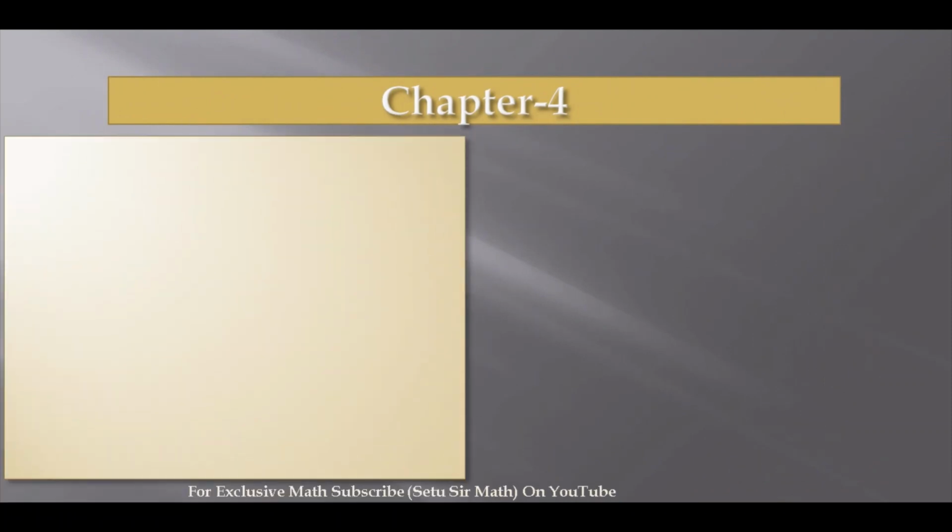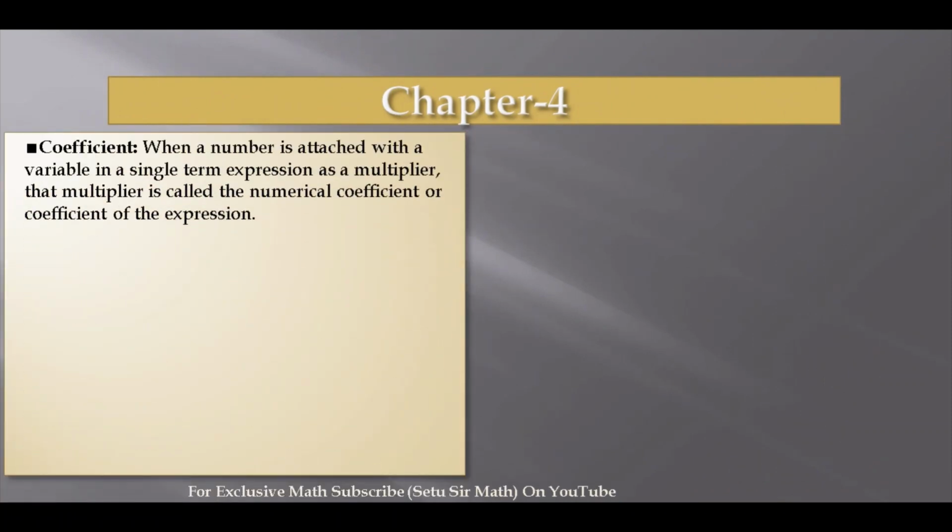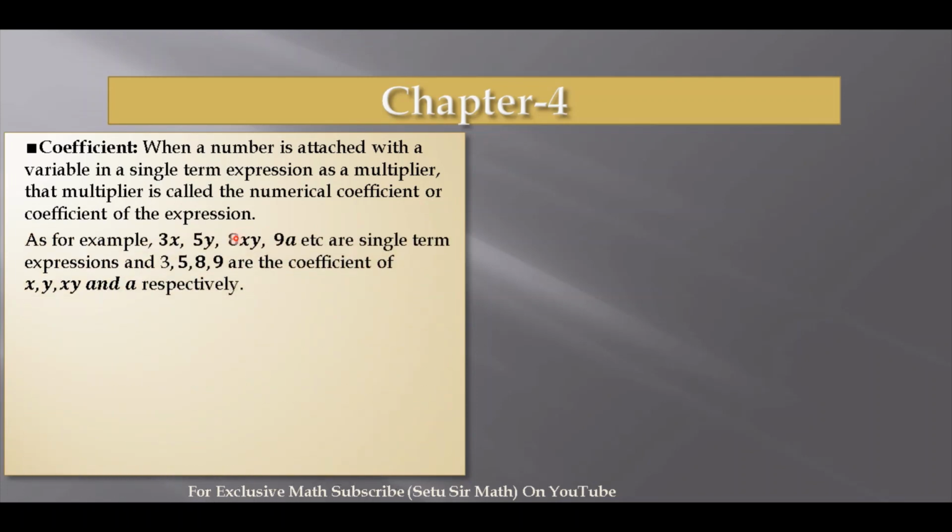Chapter 4, coefficient. When a number is attached with a variable in a single term expression as a multiplier, that multiplier is called the numerical coefficient or coefficient of the expression. Let's see an example. As for example, 3x, 5y, 8xy, 9a, etc. are single term expressions, and 3, 5, 8, 9 are the coefficients of x, y, xy and a respectively.